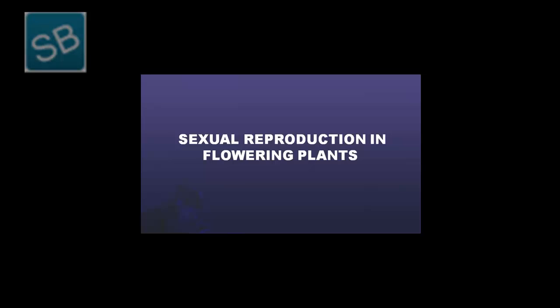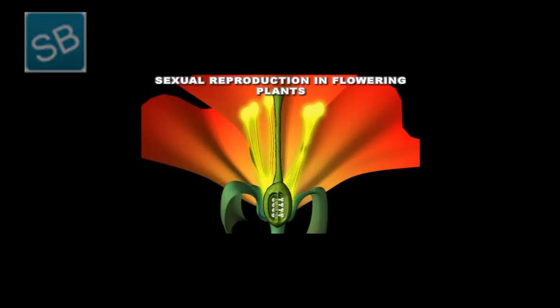Now we will start with the unit of sexual reproduction in flowering plants. In this unit, we will study the structure of the flower, which deals with the reproduction process in the plant. In flowering plants like angiosperms, the reproductive process occurs within the flower. These parts include sepals, petals, stamens, and carpels.